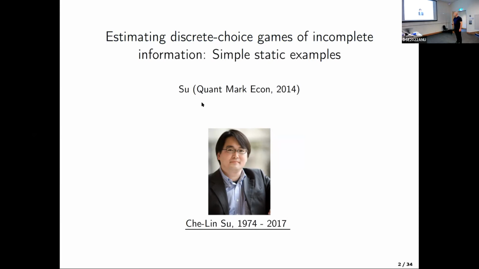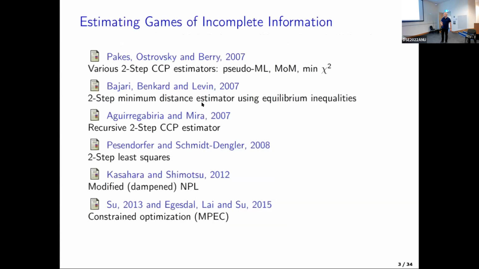Unfortunately, he's not here anymore, but his method is still here. Even though I'm going to try to take some of these methods to their boundaries, I'm not trying to say that MPEC doesn't work or that NPL doesn't work for anything. I'm just trying to illustrate some of the difficulties that arise when you have multiplicity of equilibria.